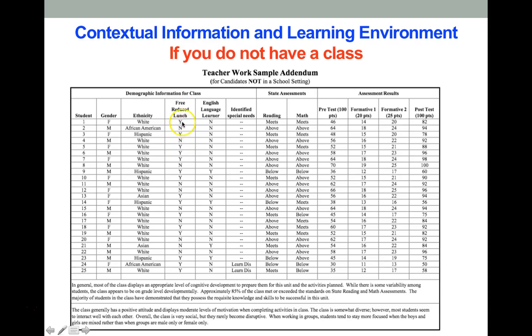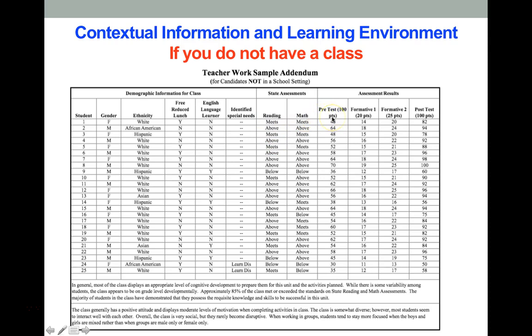It's not the best way to do it, but it's the way most schools decide who's low SES. This will list how many English language learners you have. If you have any identified special needs, you have 2 in this class, both with learning disabilities, and they gave you some reading scores above and below, and math.